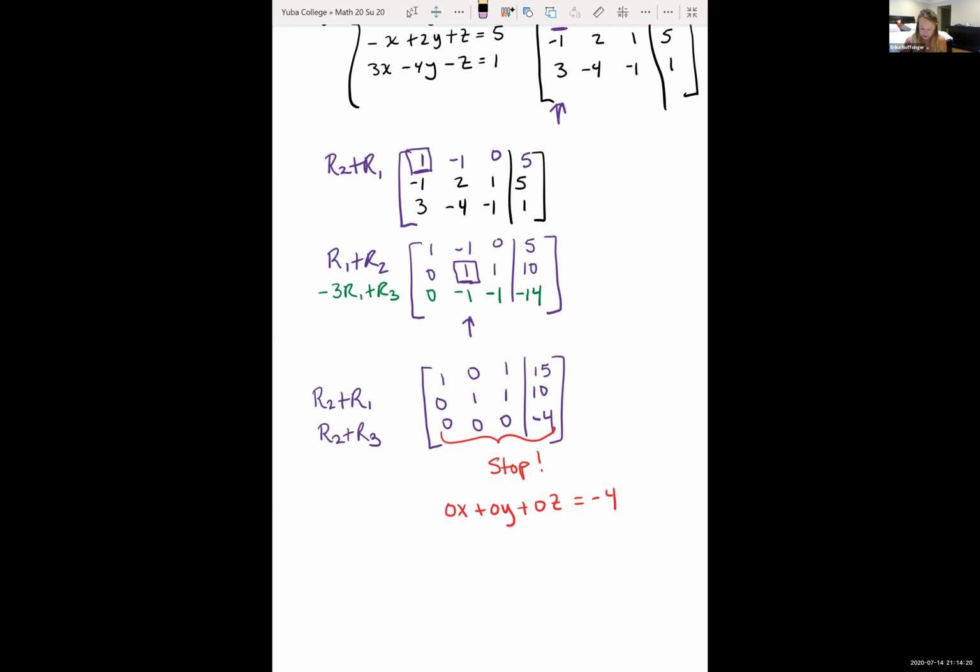This is impossible. So there's no solution to this system. If you are working with this and that last entry was also a 0, then it means something totally different. It means that you have a system that has more than one solution.